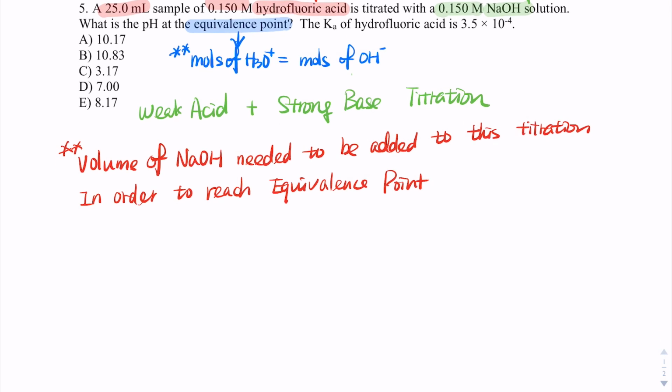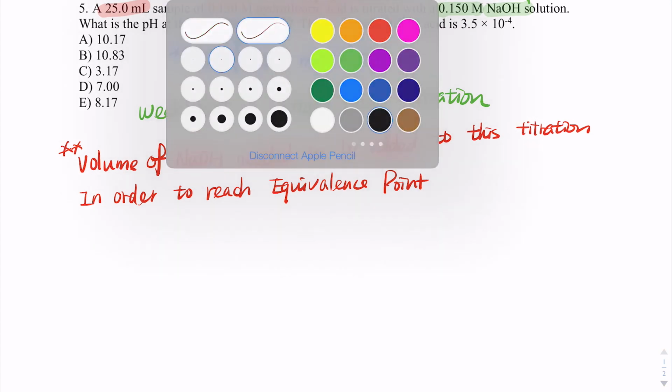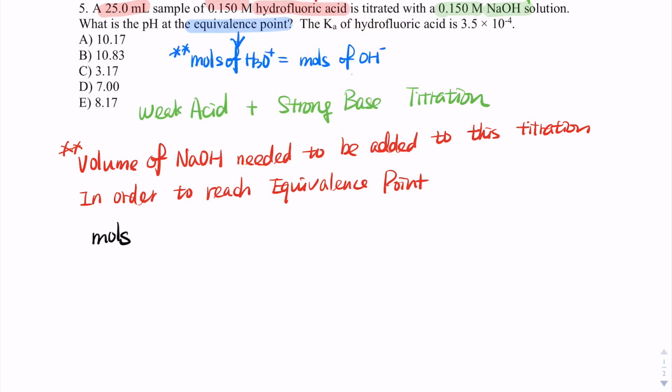So I can use this information now. The moles of hydronium ion at the equivalence point equal the concentration, so M times V. You have 0.150 molarity, so that's moles over liter, times 25 mL.